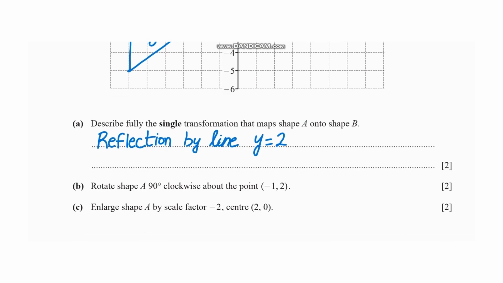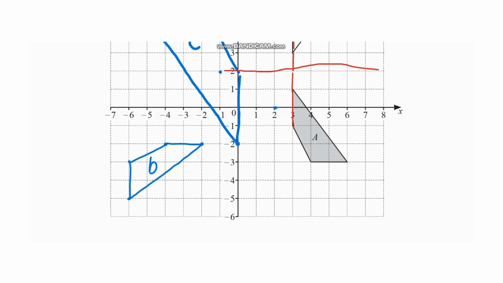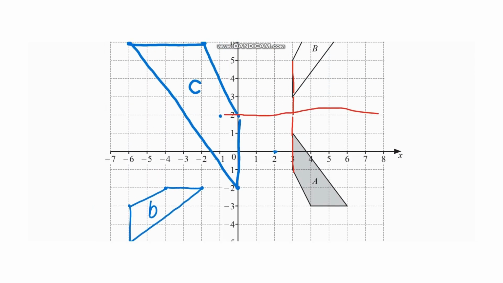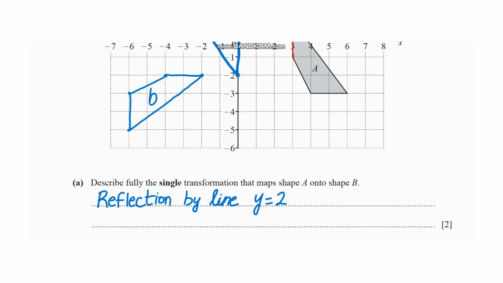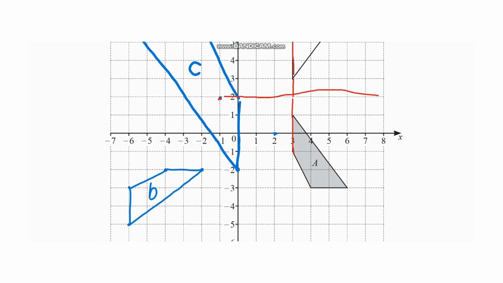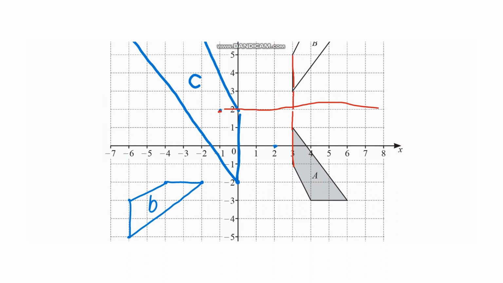Part B states rotate shape A 90 degrees clockwise about the point (-1, 2). From here, the object A should be rotated. Once you rotate it clockwise 90 degrees, it will move 90 degrees over here. Over here we have 4 points to the right and 1 point down.